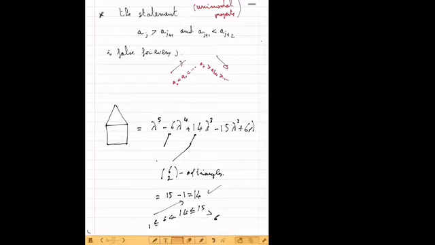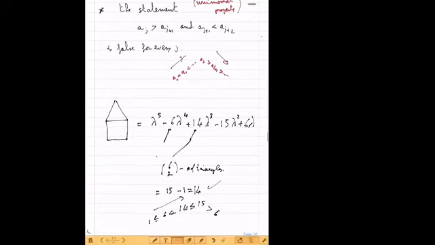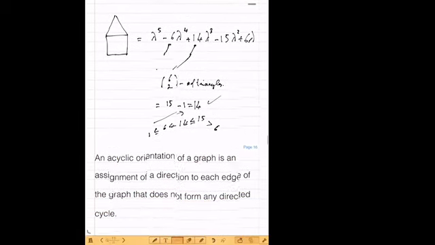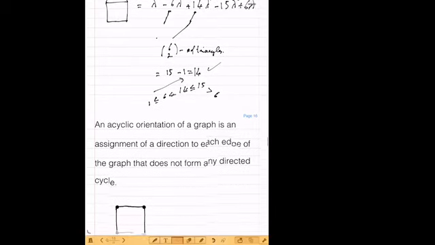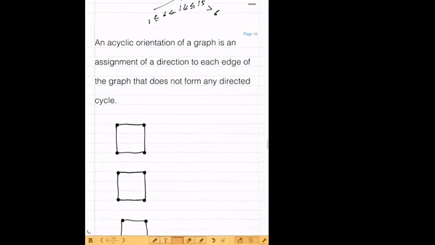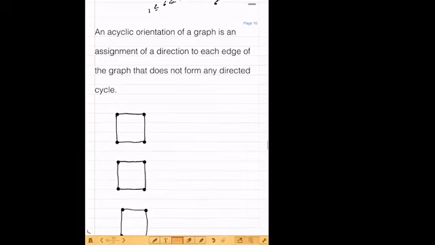For example, what about -1 or -2 or -3? And the funny thing is that even for the negative integers, there is a meaning associated with it. And let's just focus on lambda equal to -1. And we need to introduce another concept, which is an acyclic orientation of a graph. An orientation of a graph is just that you have edges and you decide a direction.